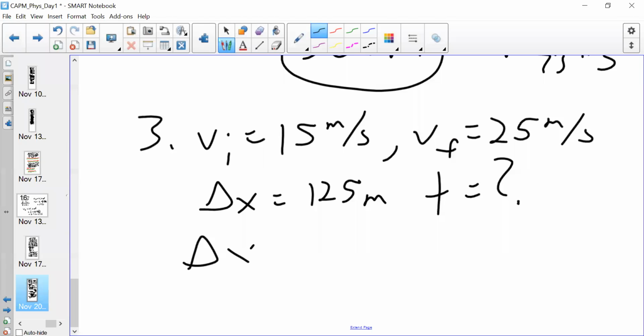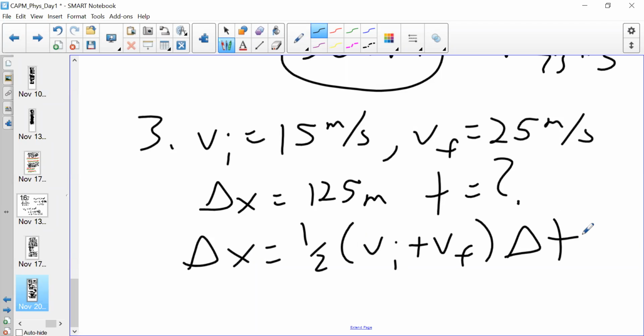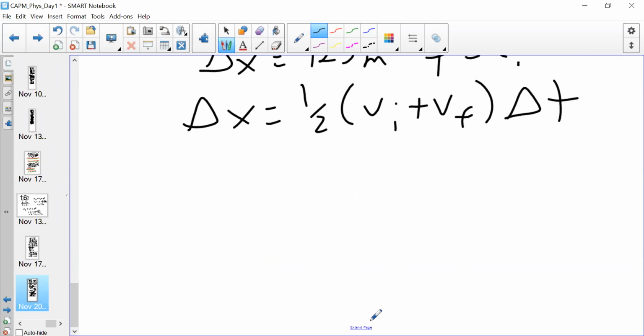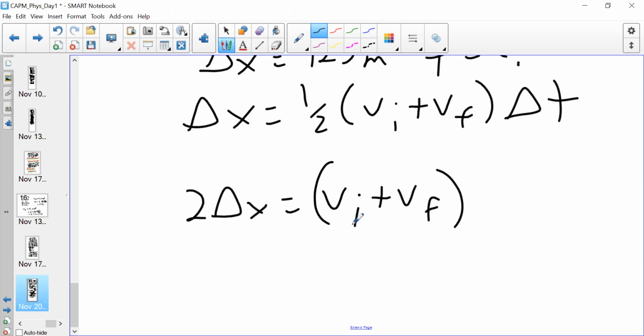So it looks like we can use the same equation as we did in the above question. Okay, so let's multiply both sides by 2 to get rid of the 1/2, because we want to find time.